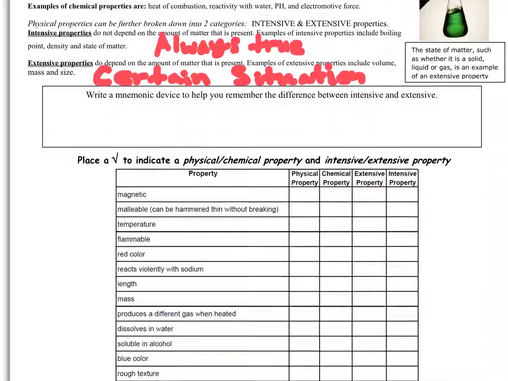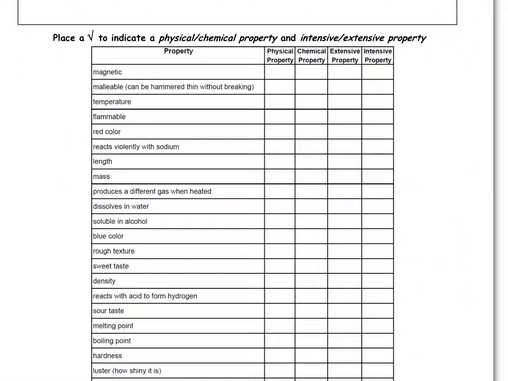Now in the table below, you're going to indicate whether something is a physical and a chemical property, extensive or intensive. If it is a chemical property, you do not need to designate as extensive or intensive. I'll do the first few with you. So for something to be magnetic, this is just a physical description of some sort of substance.